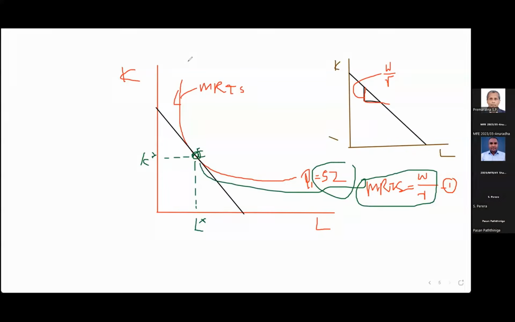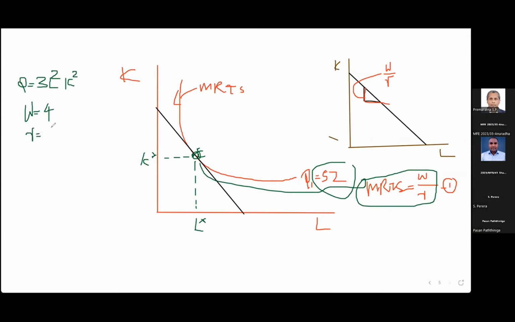Now let's say we have the previous production function. I'll take Q equals L K squared, I don't know if it will work or not. It's the production function, and the isocost curve we can do. Let's say the wage rate W is $4.